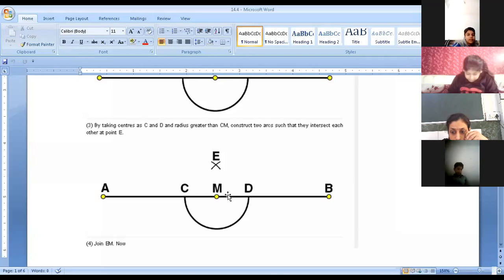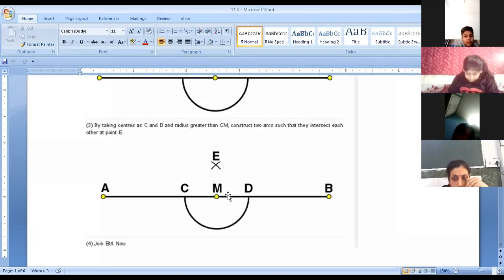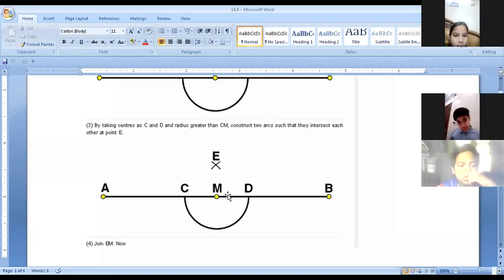All of you, open your compass greater than CM. CM is this much. You have to open your compass more than CM.